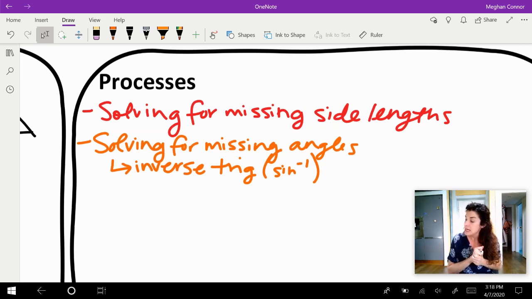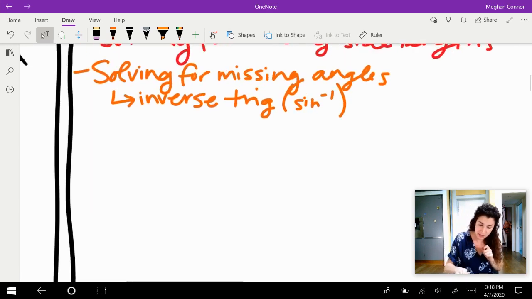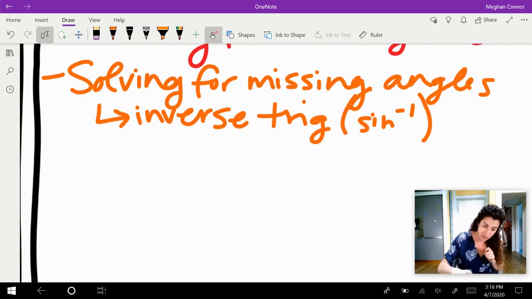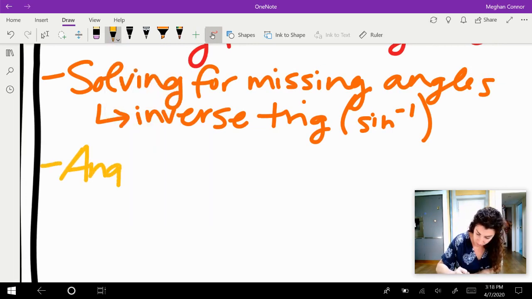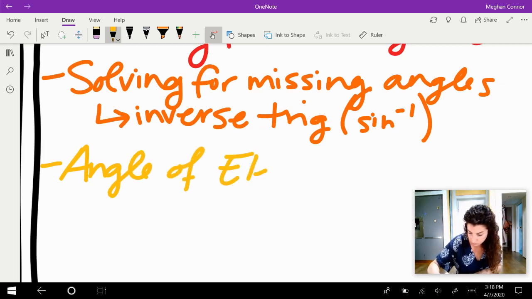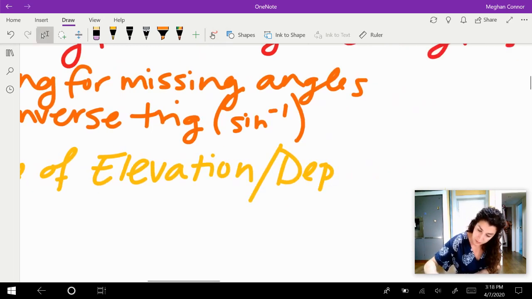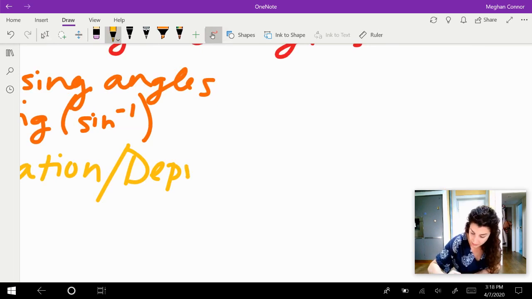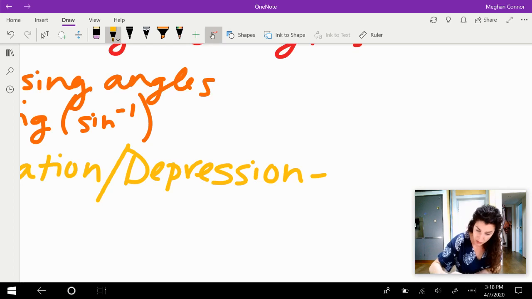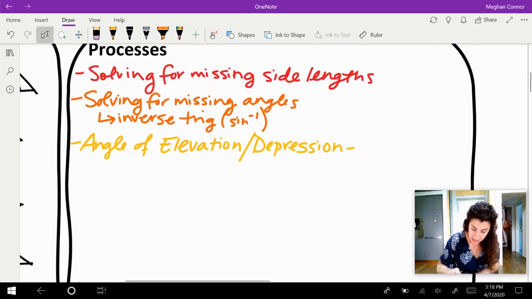All right. And then the other main processes that we learned were your angle of elevation and angle of depression. I've been seeing a lot of inconsistencies with your understanding with this.